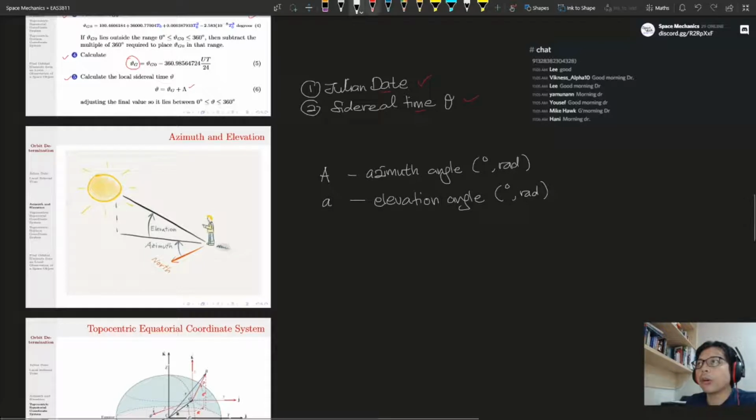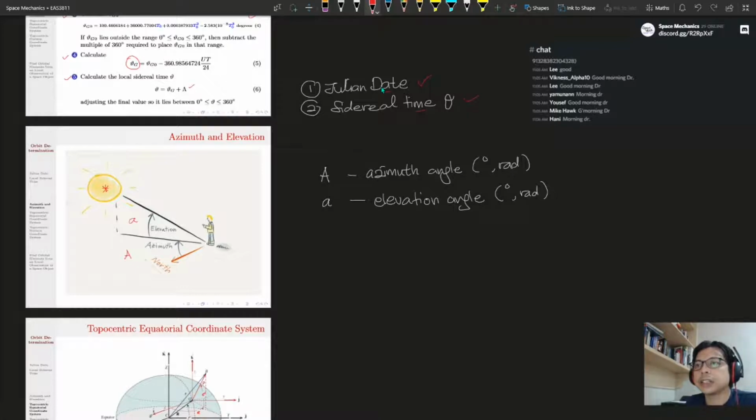So if you see a celestial object like this one here, how do you explain its position? Two angles, azimuth angle and elevation angle. How do you calculate azimuth?